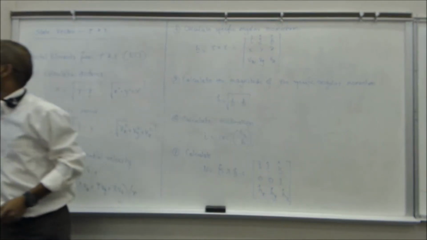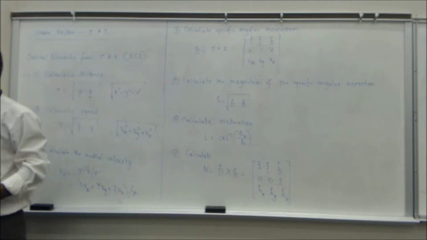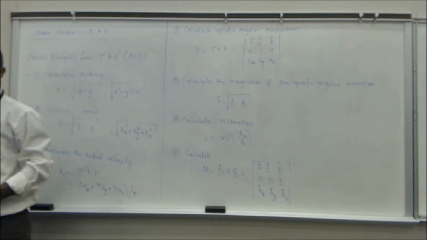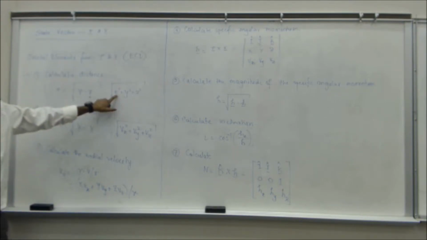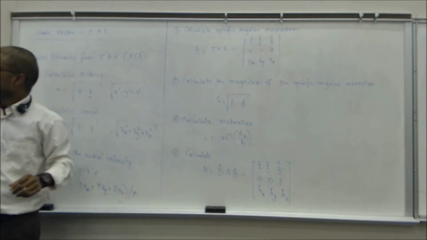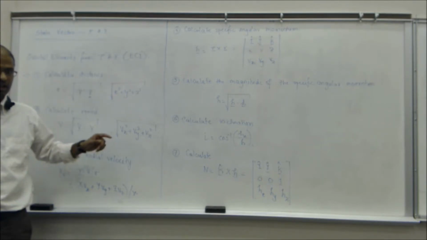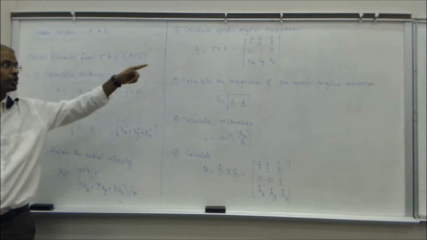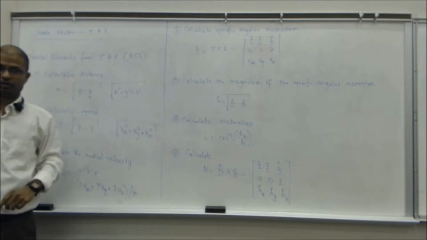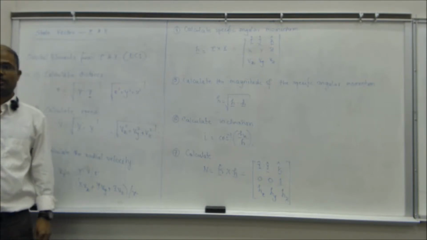I is X, J is Y, and K is Z. So this R is this distance, and it has an X component in the X direction or I direction, a Y component in the Y direction or J direction, and a Z component in the Z direction or the K direction.